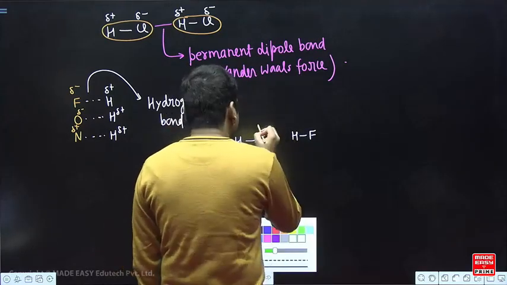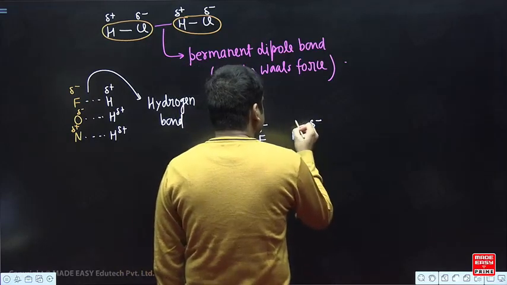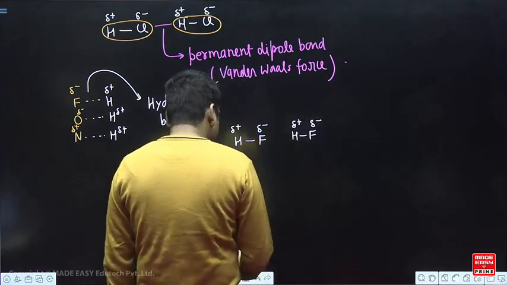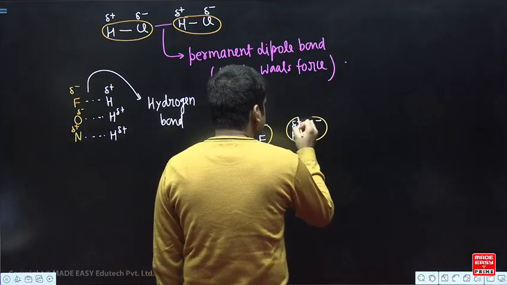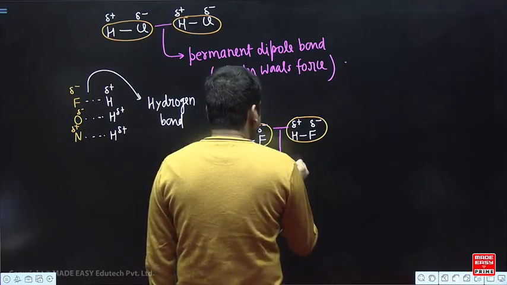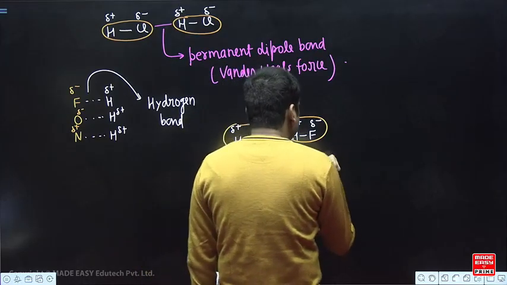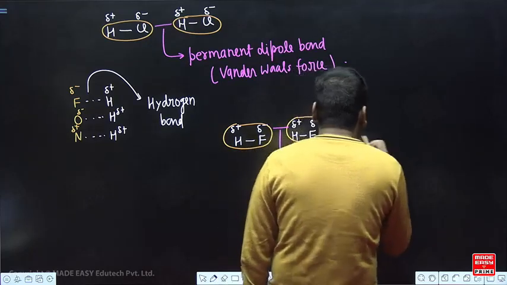So you have del minus and del plus, del minus and del plus. This one is one molecule and this one is another molecule. So this del minus and del plus will attract each other, and this bond is known as hydrogen bond.